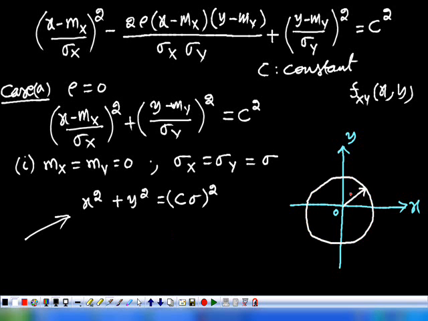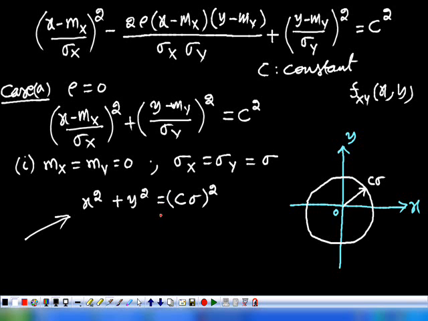So this radius is equivalent to c sigma, because it is in the form of x square plus y square is equivalent to r square. So r is the radius. So this is the contour that represents the relationship between the two random variables x and y.